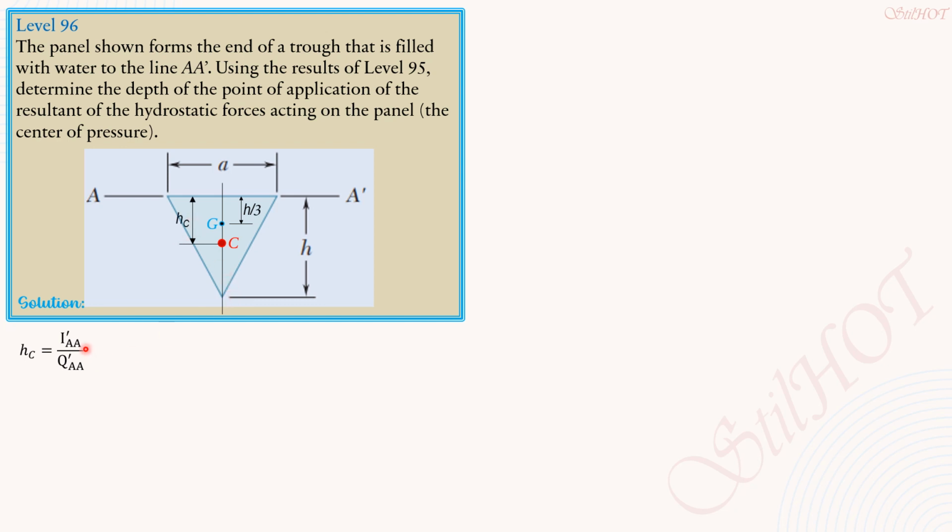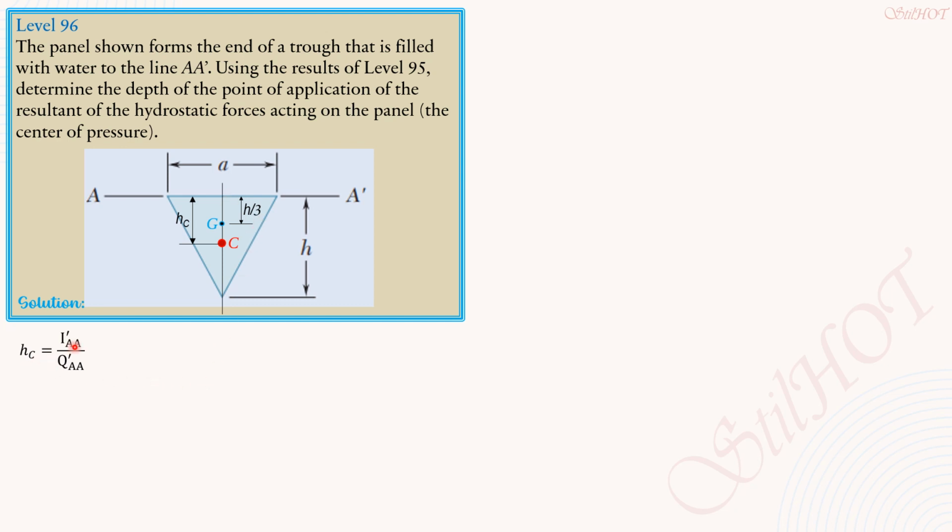Where I AA prime, or the moment of inertia of this section with respect to AA prime, is simply the moment of inertia of a triangle with respect to the base, and that is base a, height h cubed over 12. So take note of that. While Q AA prime is the first moment of area with respect to AA prime, and that is the area of that triangle, 1/2 ah, times the distance of its centroid to that axis, h over 3.